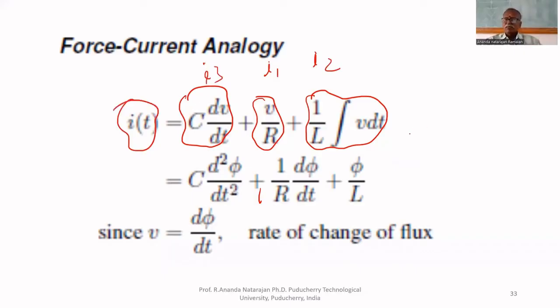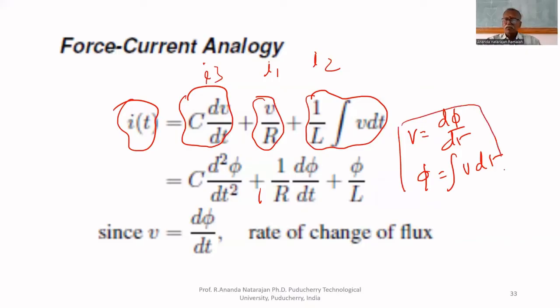But we know that V equal to rate of change of flux, d phi by dt, or phi equal to integral of V dt. If we bring this dt to this side and integrate on both sides, we get phi equal to integral of V dt. This you should remember. Therefore, we can write V equal to d phi by dt. Therefore, dV by dt equal to d square phi by dt square, so C d square phi by dt square.